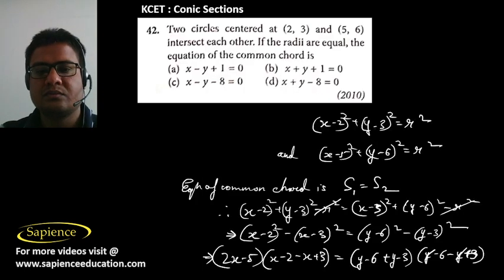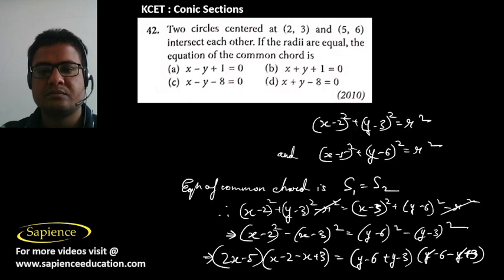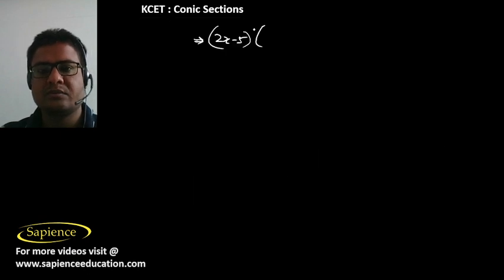So this will be 2x minus 5 into 2x plus 1. x and x will cancel out to 1.